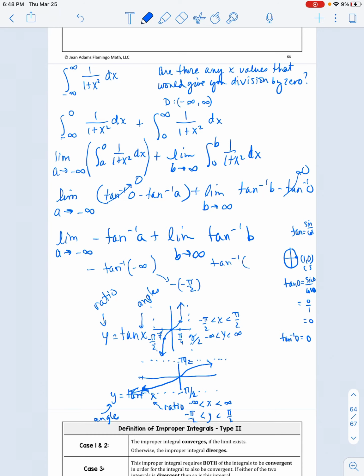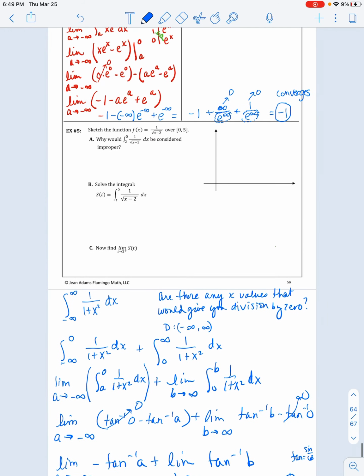And then as you're putting in b's approaching infinity, you're putting all these x values in, and it's approaching, I'm sorry, positive pi over 2 as your x approaches positive infinity here, okay? So you end up with positive pi over 2 plus positive pi over 2, which is pi. And so this converges. That example 4 converges. It's pi.